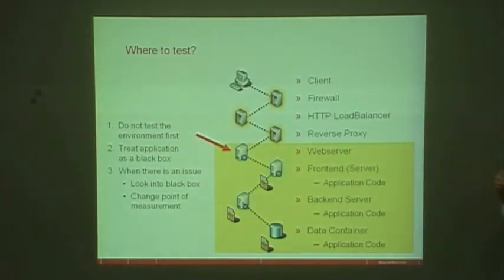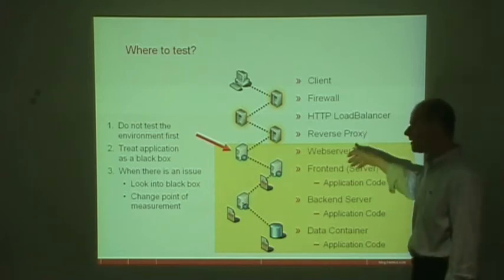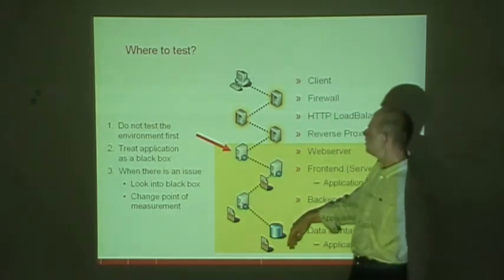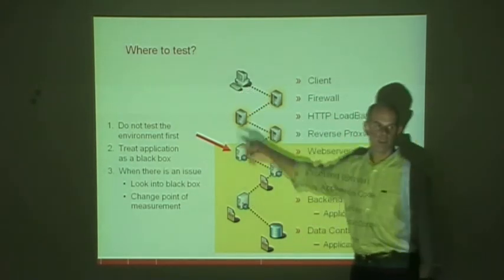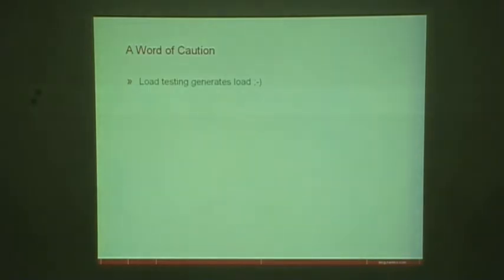Because most of the time you have a ranking, and it's like one request eating half of the performance and 100 requests eating the rest. So you don't have to fiddle around, just fix one at a time. So if there is an issue, then I look into the black box, or I change the point of measurement. My point is not that you shouldn't test here, but you should test here when there is a reason. And you can't test everything, otherwise you test for weeks.